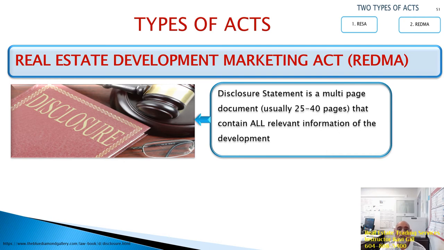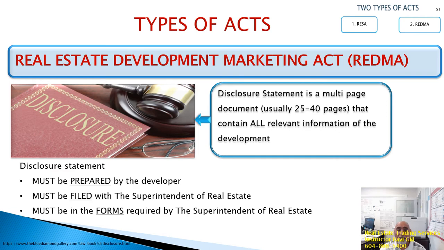It's a multi-page document, 25 to 30 pages, that contains all the information about the development. This disclosure document must be prepared by the developer, must be filed with the superintendent of real estate, and must be in the forms required by the superintendent of real estate. So really memorize this. Okay, this is not important to memorize.